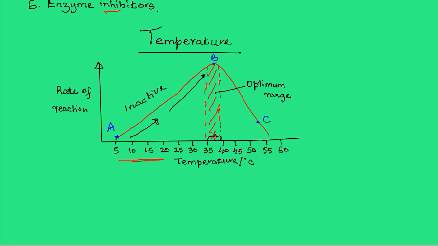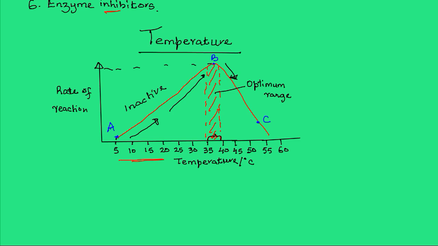This temperature produces the highest rate of reaction. If we continue raising the temperature and it goes above the optimum range, then a further increase leads to a drop in the rate of reaction.